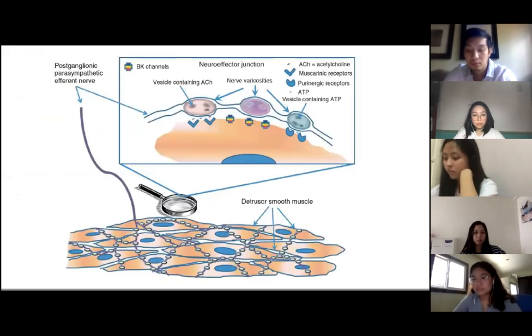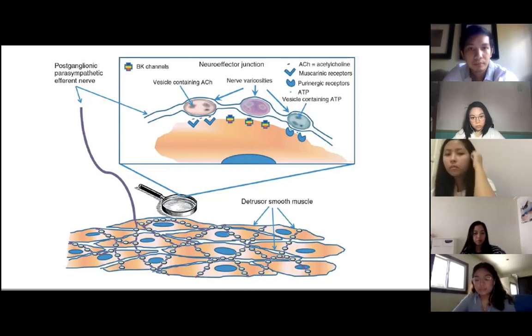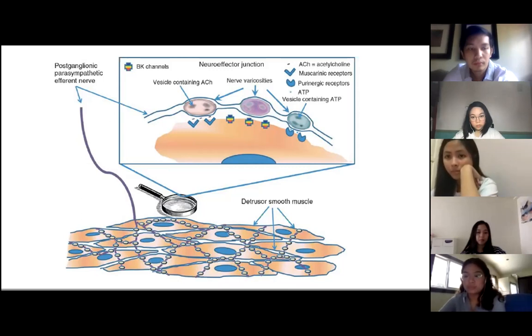This figure shows that the motor innervation of the bladder smooth muscle is from the postganglionic parasympathetic nerve fibers. It also shows the varicosities that wrap around the smooth muscle fiber, which can release a variety of neurotransmitters, including acetylcholine and adenosine triphosphate.